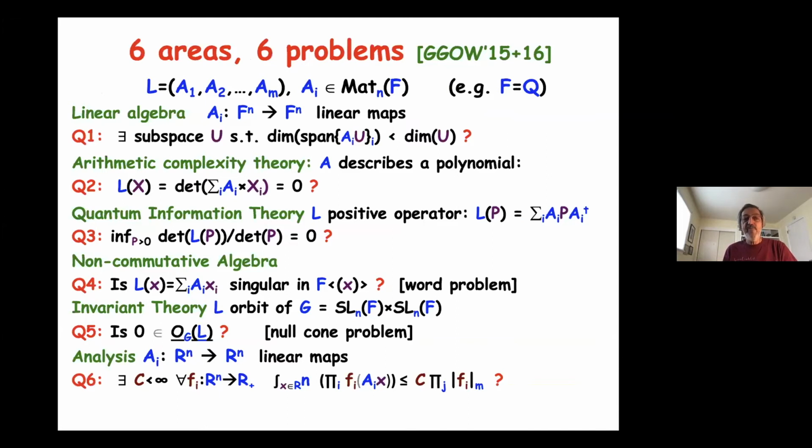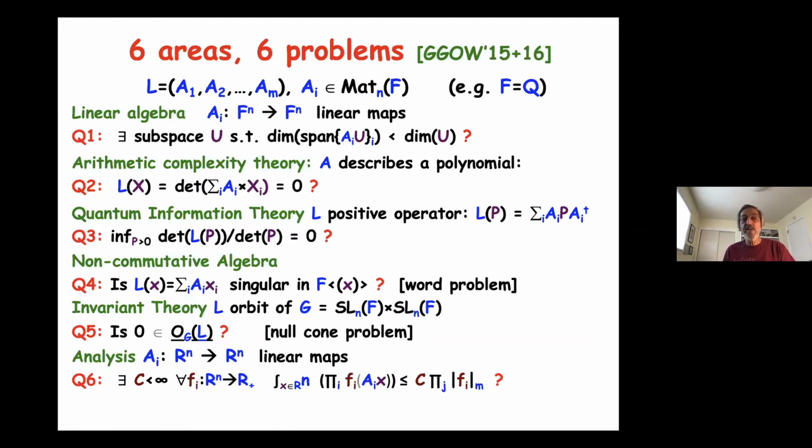A tuple of matrices, as I said, can be viewed in many ways. It can be viewed as a tensor or a set of linear maps, or can be described as input to a determinant problem and more. And it turns out that I just listed for you 6 different problems in 6 different areas. Let me not go through them, but there are really 6 different areas.